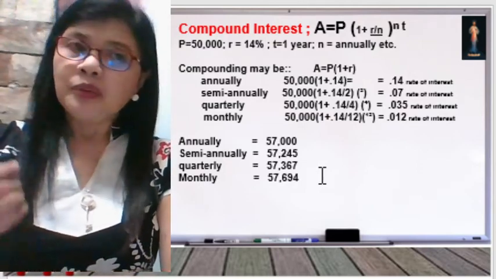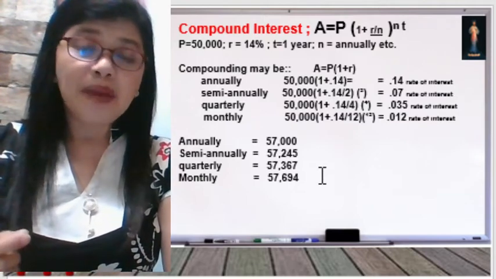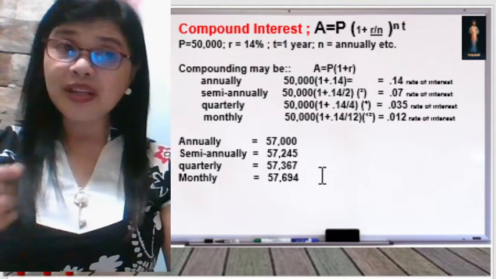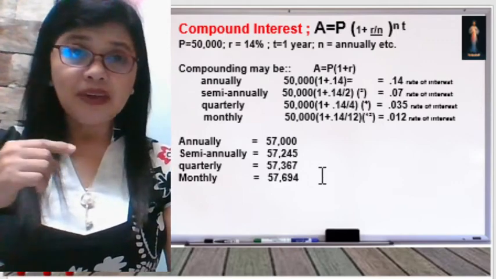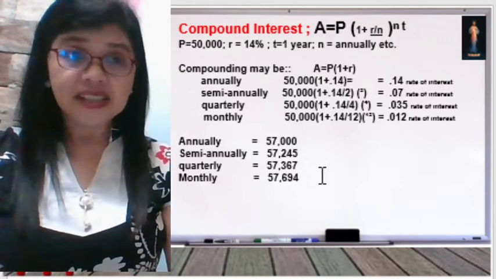So when we say we compound the interest, we divide it by the required number. If it is annually, you divide 12 by 12, which is 1. If it is compounded semi-annually, 12 divided by 6 is 2.